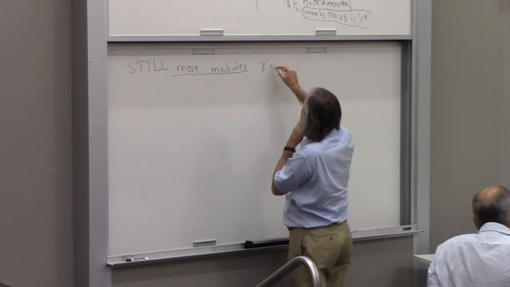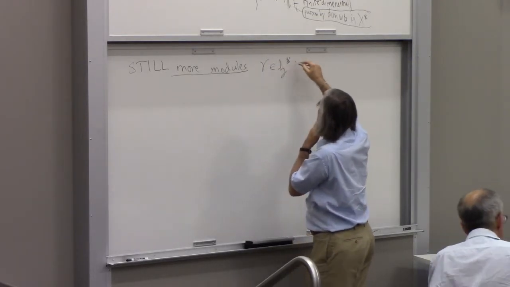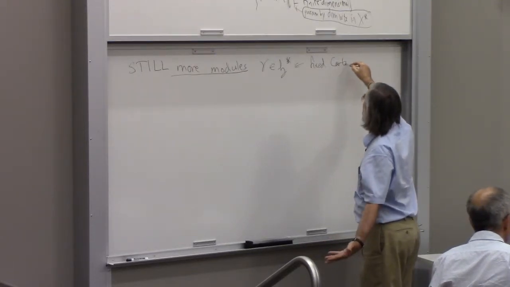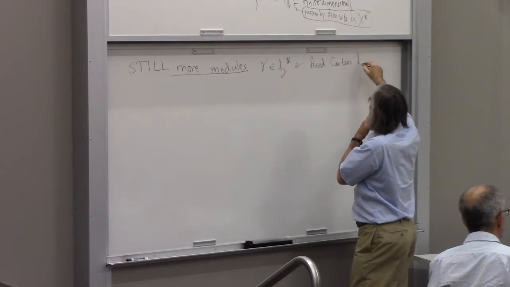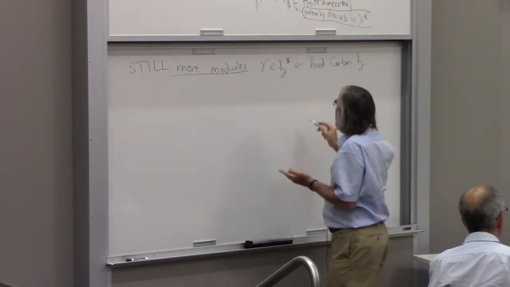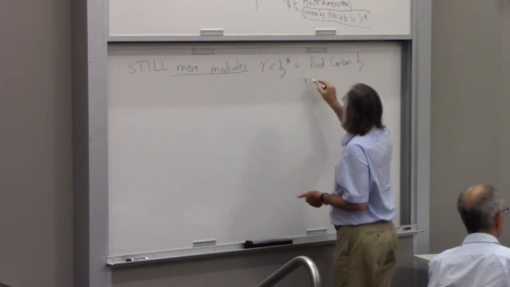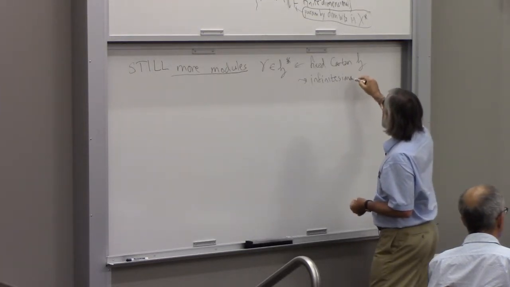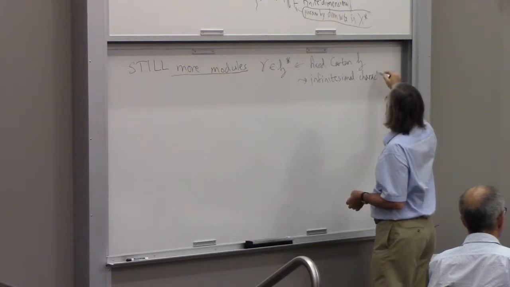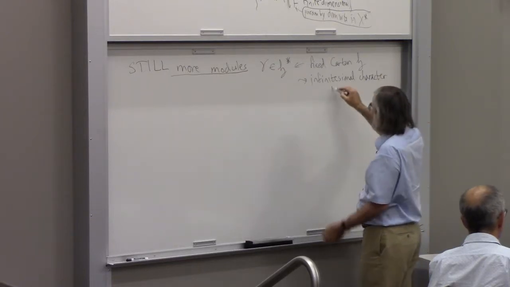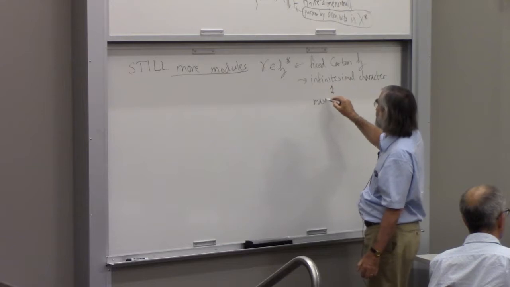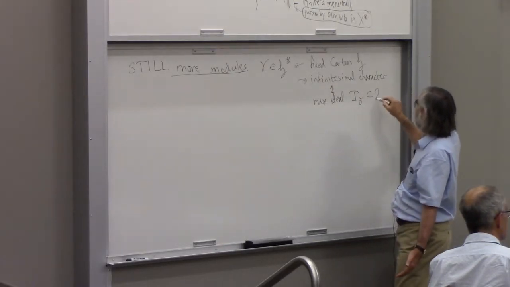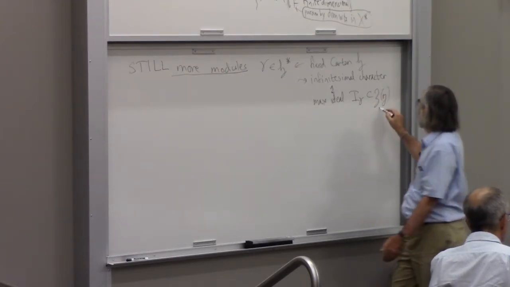If you have any gamma in H star, this is our fixed Cartan H, this corresponds to an infinitesimal character, which is the same thing as some maximal ideal I_gamma in the center of the enveloping algebra.